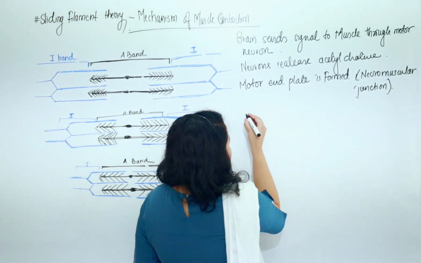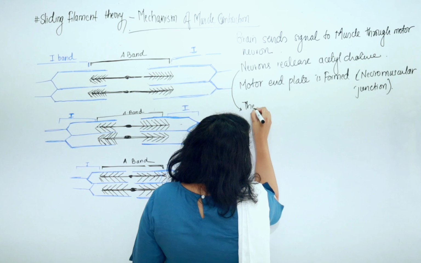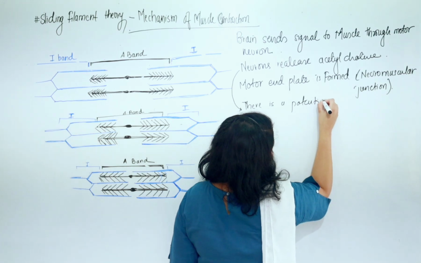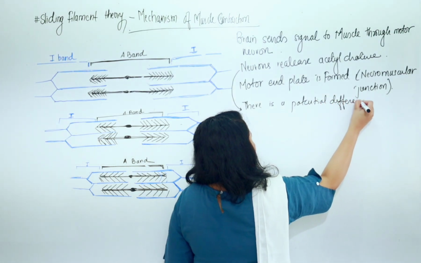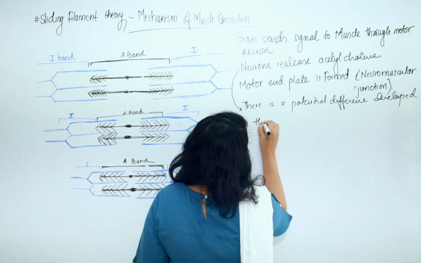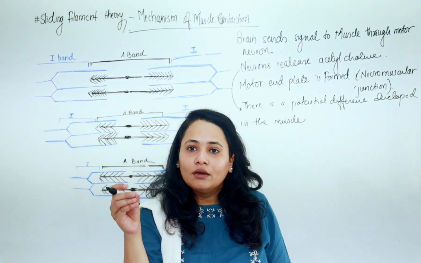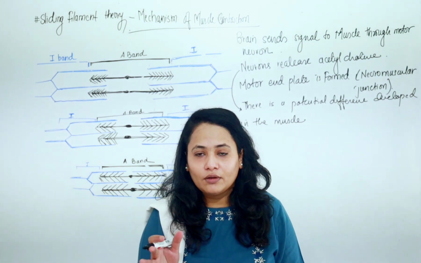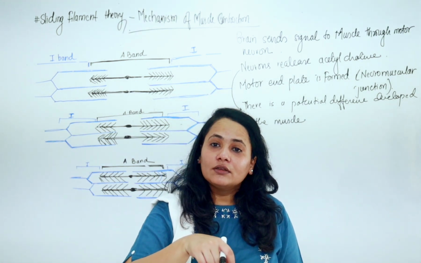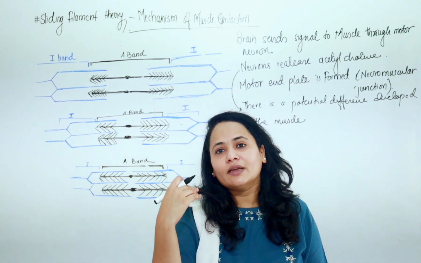Because of this, a potential difference is developed in the muscles. It means that as soon as acetylcholine is released into the muscles, a potential difference develops there, and because of that the sarcoplasmic reticulum, which stores the calcium ions, releases the calcium ions.